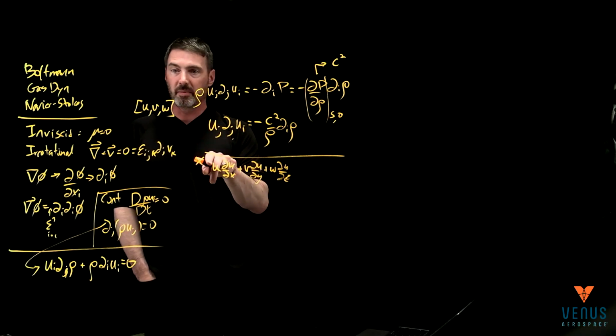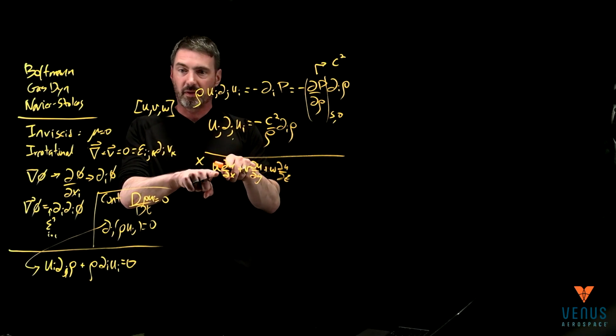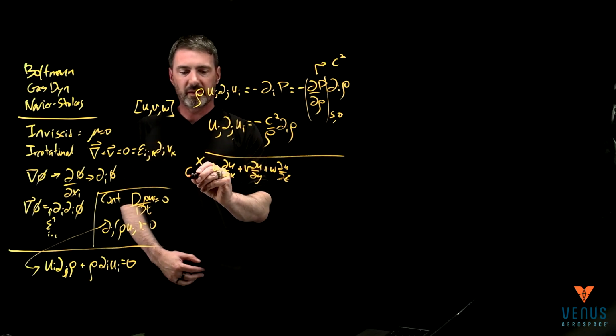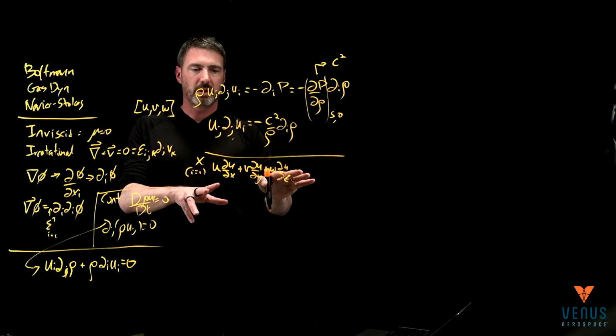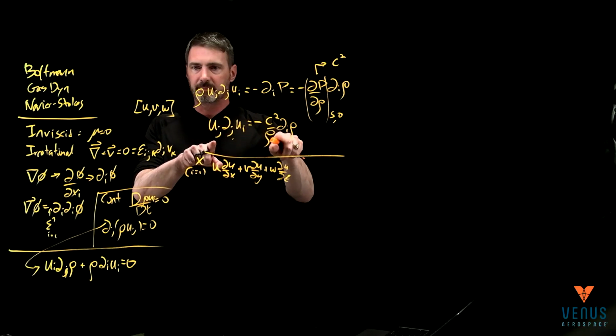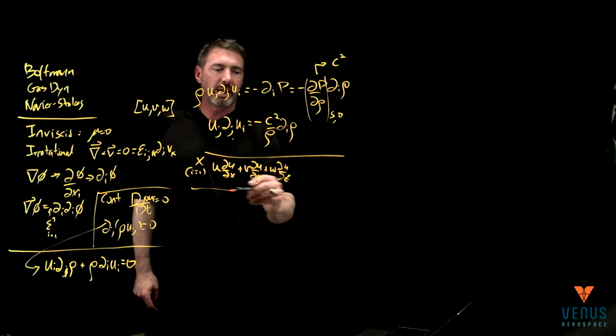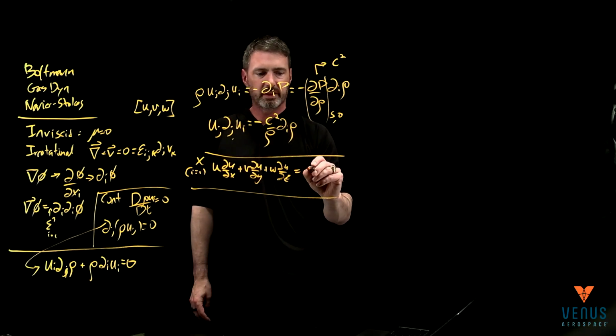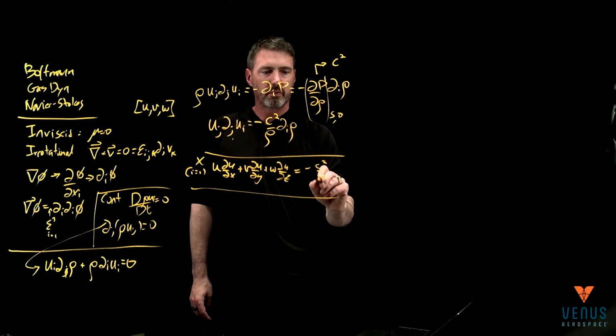The j's get summed, so it's the x velocity j times the x derivative of u, but the i, this is basically i equals 1. Okay, and so this is a vector, and so I'm actually going to go back and write, and I'll just finish this out since it's here, minus c squared over ρ, and then this would be the x derivative of ρ.